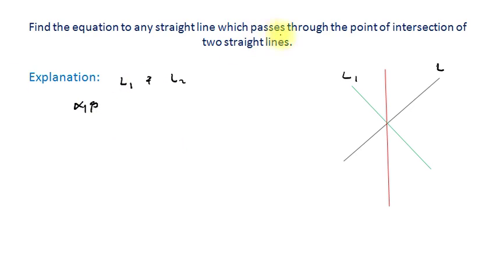So we have to find the equation of any straight line which passes through the point of intersection of L1 and L2. So first of all we have to find the point of intersection, and then we use the formula y minus y1 is equal to y2 minus y1.